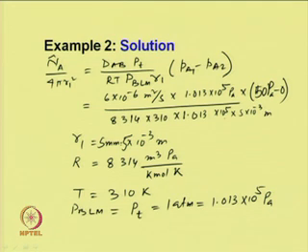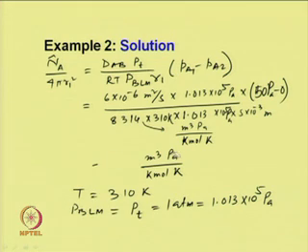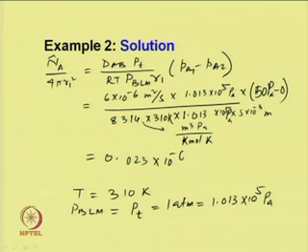This is meter, this is Pascal, and this is Kelvin, and this is meter cube Pascal per K mole Kelvin. So, now after substitution of these, we will have 2.023 into 10 to the power minus 6 K mole per meter square second.